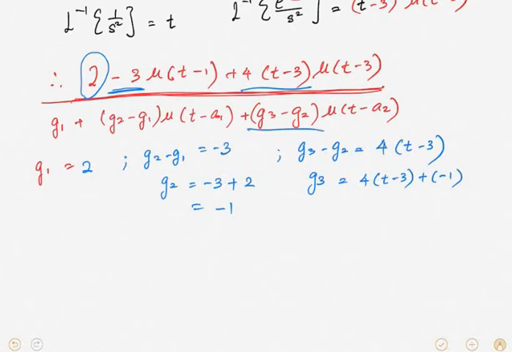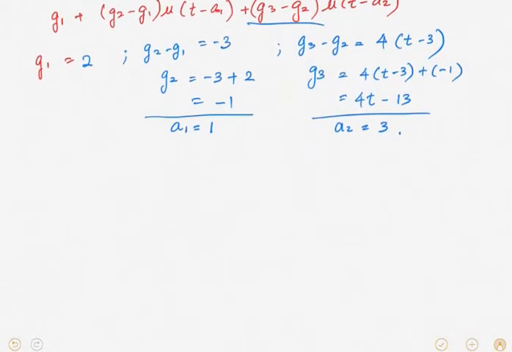G2 is negative 1, so this will be 4t minus 12 minus 1, so 4t minus 13. Now A1 is 1, and A2 is 3.